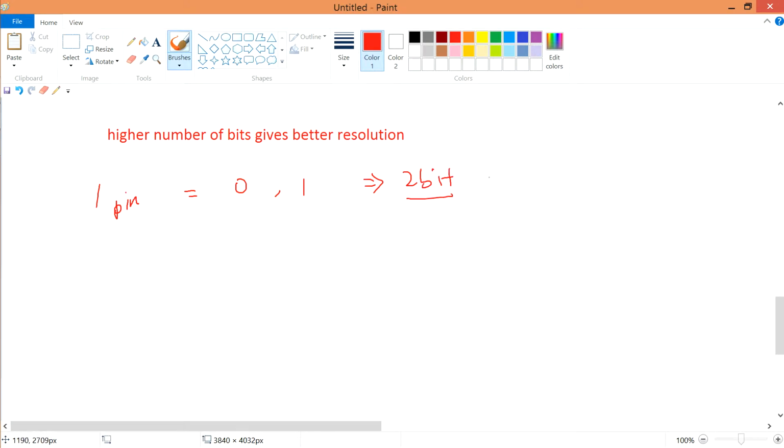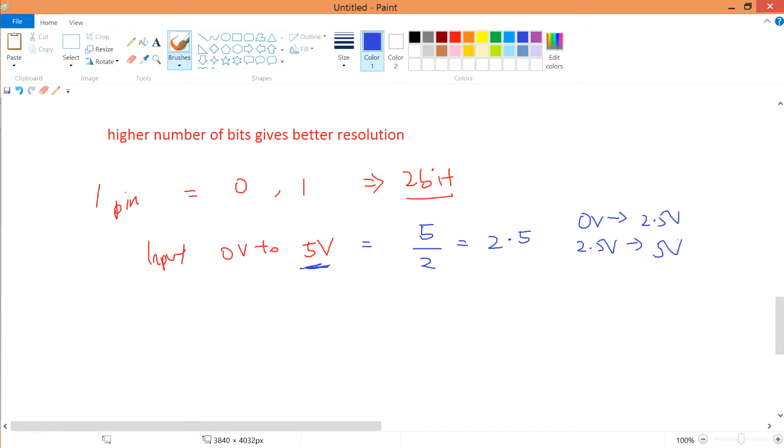This system can deal with, for example, an input of 0 volts to 5 volts. I'll just change to a different color. This 5 volt input divided by the number of levels, which is 2, is 2.5. Therefore, this 5 volt signal can be represented as 0 volt to 2.5 volt and 2.5 volt to 5 volt.